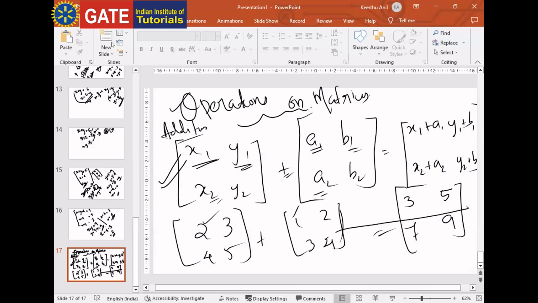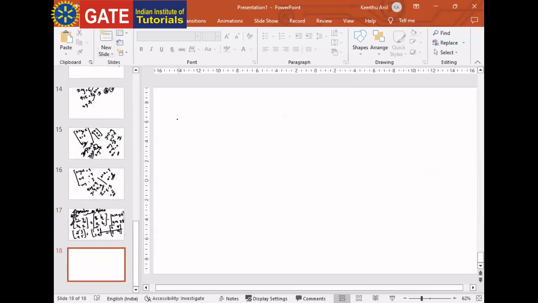After that, you can write this question. You can write, let, this is the question, okay? Question, let A equals 2, 4, 3, 2.